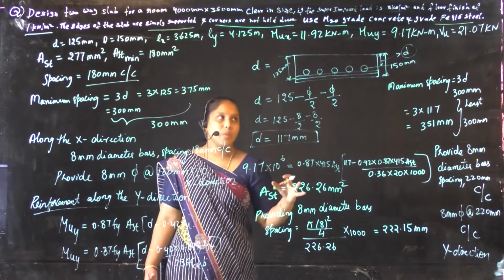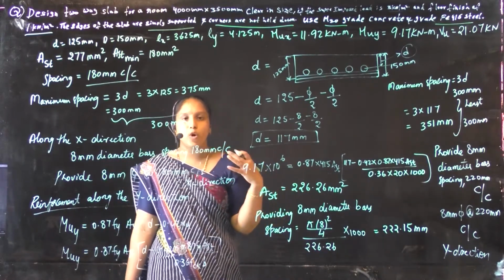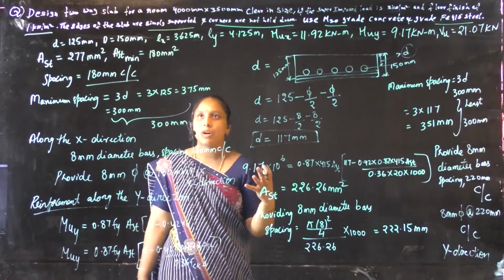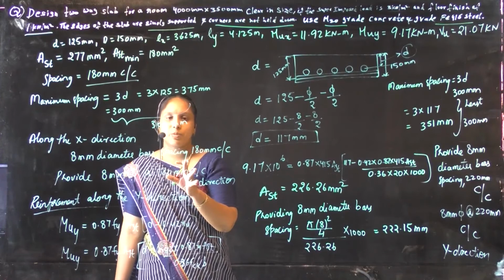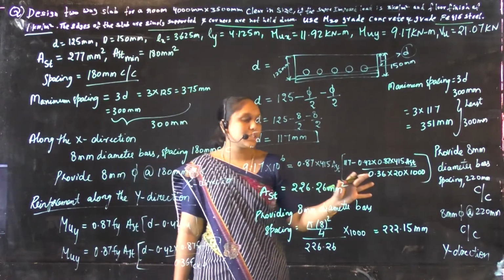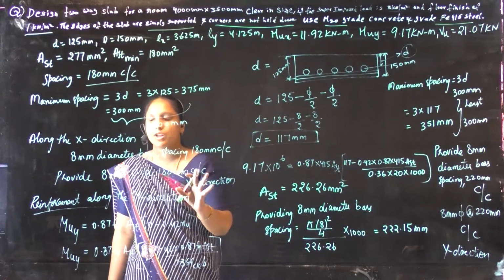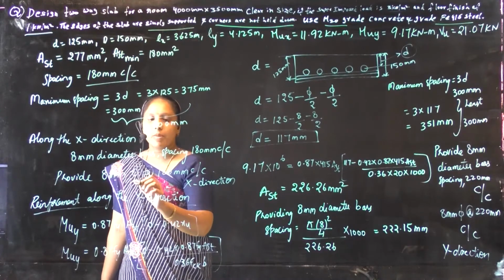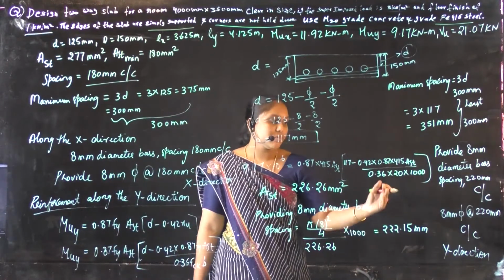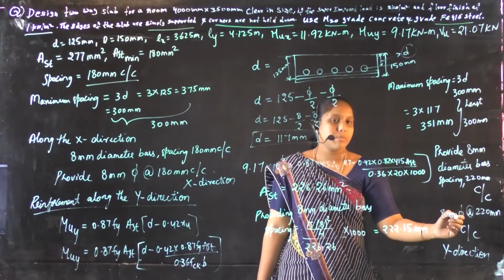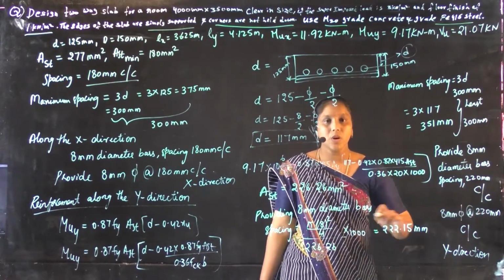So now what? We have calculated the area of steel which is required, okay, for the reinforcement which has to be provided in the X direction as well as in the Y direction. So in the X direction I am providing 8 mm diameter bars at 180 mm center to center, and in the Y direction we are going to provide 8 mm diameter bars at 220 mm center to center.